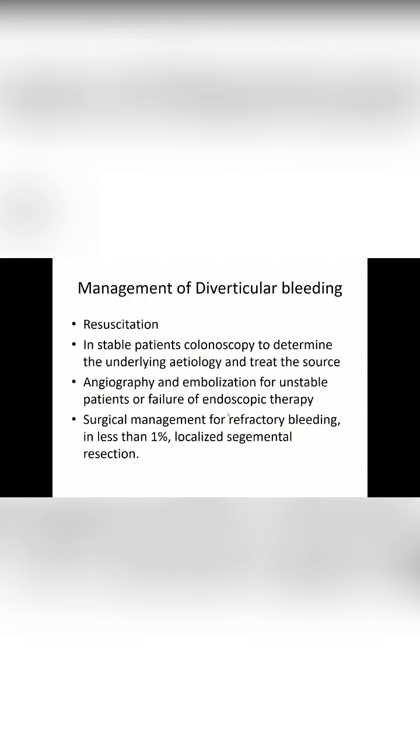If you do a random colectomy for a segment without localization, the end results will not be great, and you will find a very high chance of rebleeding. There is no point doing random segmental resection, just guessing that it could be the segment, usually the sigmoid. So it has to be localized.